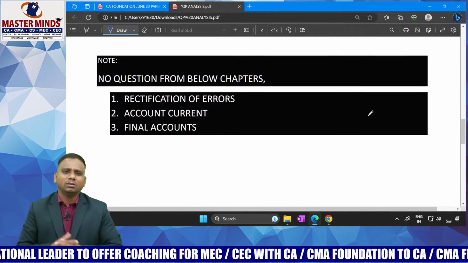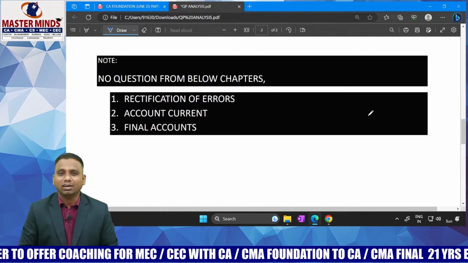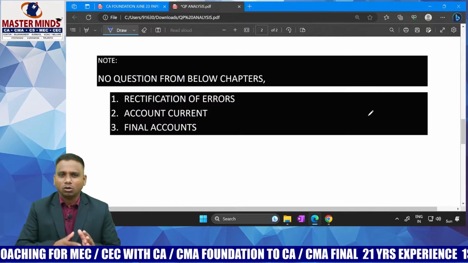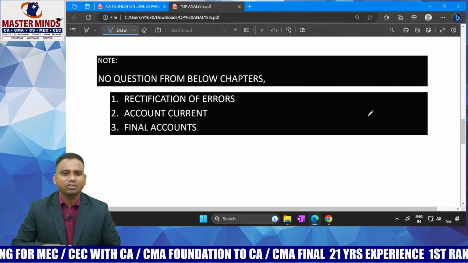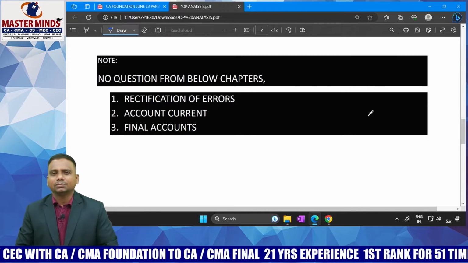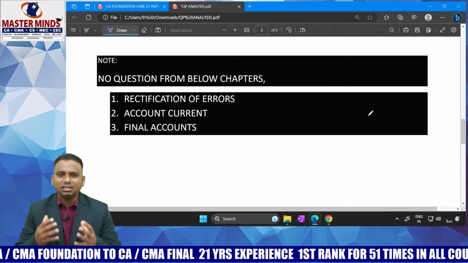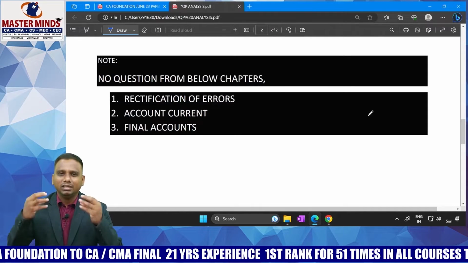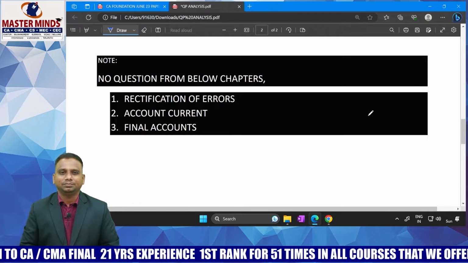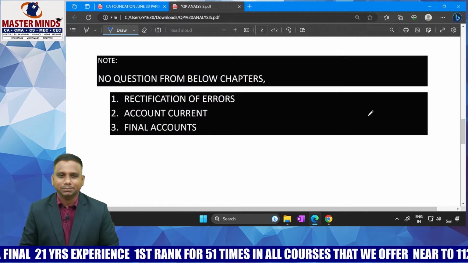And in almost every attempt we got a question from rectification of errors, but this attempt they have not asked a problem from rectification of errors, except one true or false. Yes or no? So by looking at this, we can observe that ICAI may give you any problem from any chapter. Yes or no, students? So keep this point in your mind.